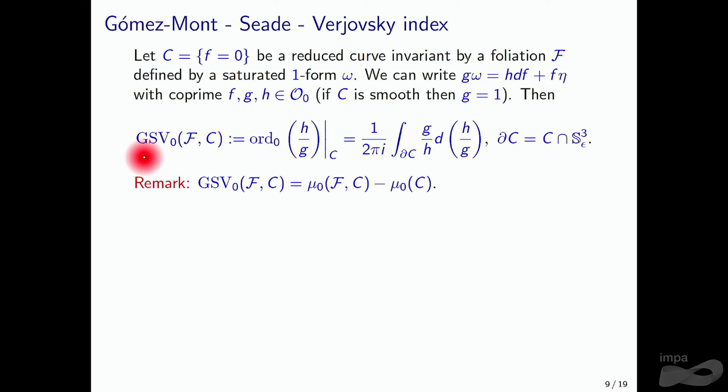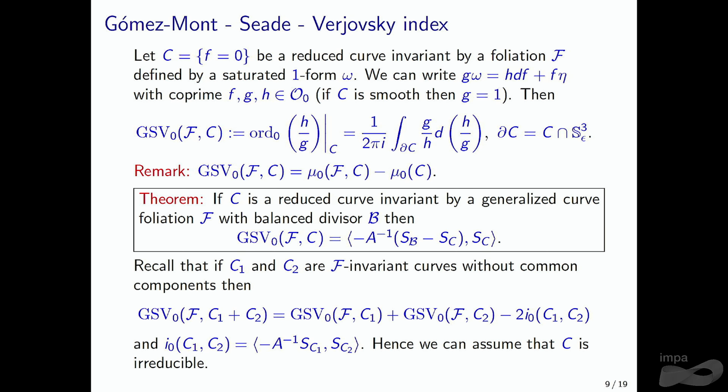And then the GSV index is the vanishing order of the quotient h over g along the curve C, f equal to 0, and it can be computed using this integral. This is the remark that we made before, relating the two indices. And the result for the GSV index is this simpler expression in terms of the intersection matrix.